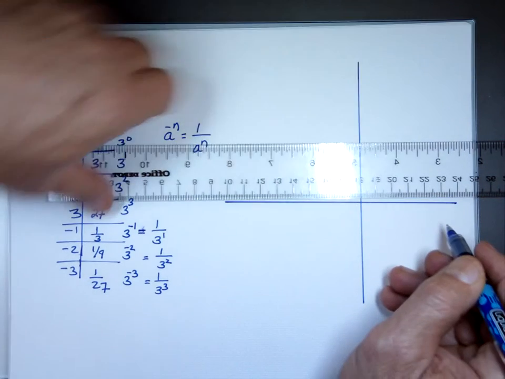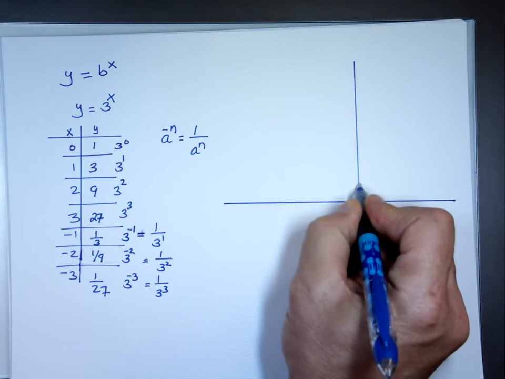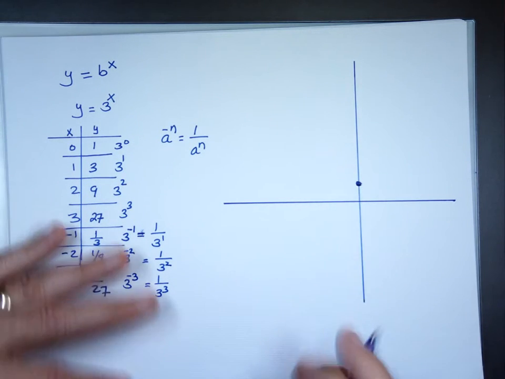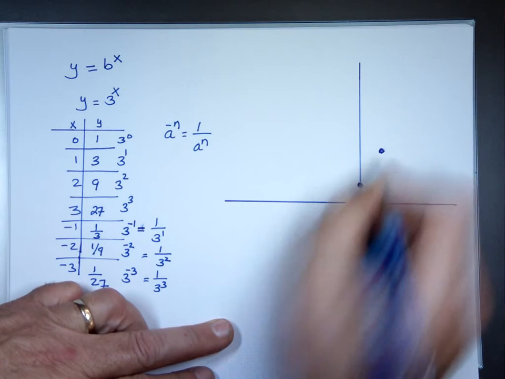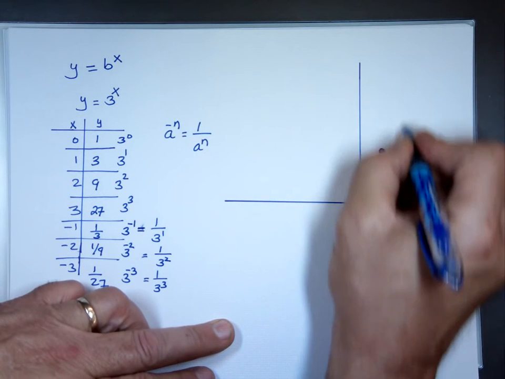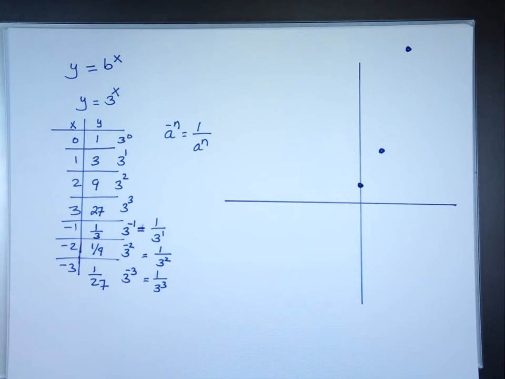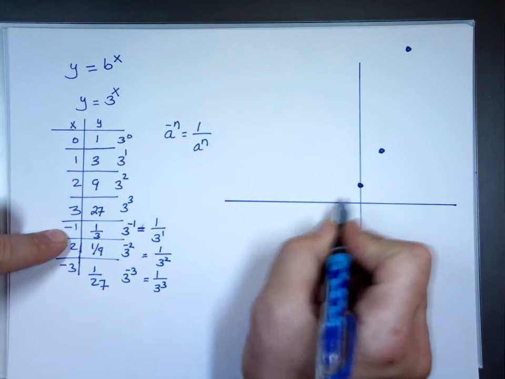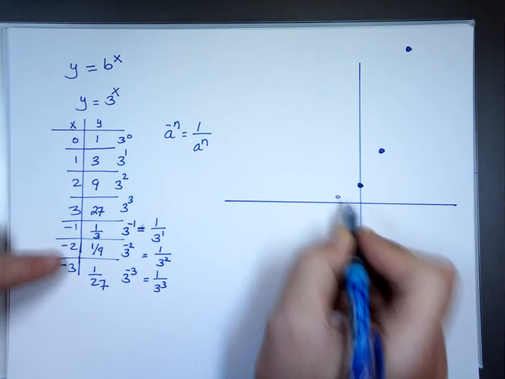So if you try to graph them, you go 0, 1. That's this point. That's 0, 1. 1 and 3. 2 and 9, way up there. I'm not going to do 3 and 27. I don't have a ladder for it. Negative 1 and 1/3. Negative 2 and 1/9.